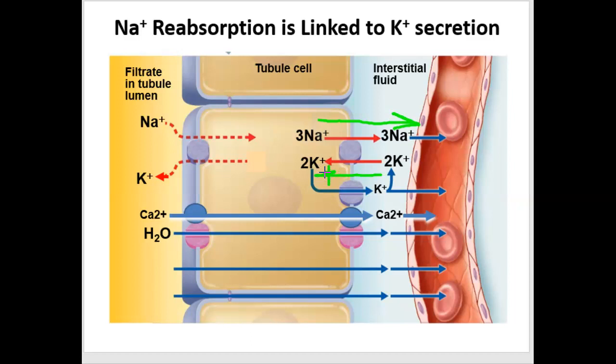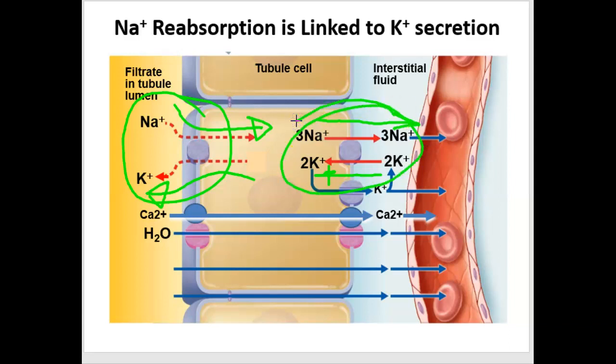On the other surface of the tubule cell, we have sodium-potassium antiport. It's kind of like the one with hydrogen ions. Actually, it's exactly like that. So sodium is going to be reabsorbed from the filtrate, and potassium at the same time is going to be secreted into the tubule lumen. The gradient for sodium to be reabsorbed in this way is created by this sodium-potassium pump.